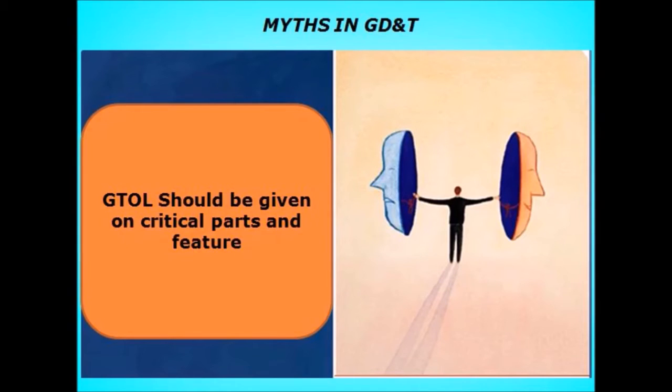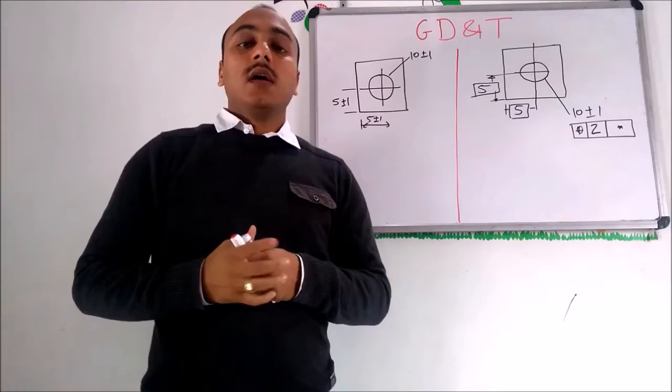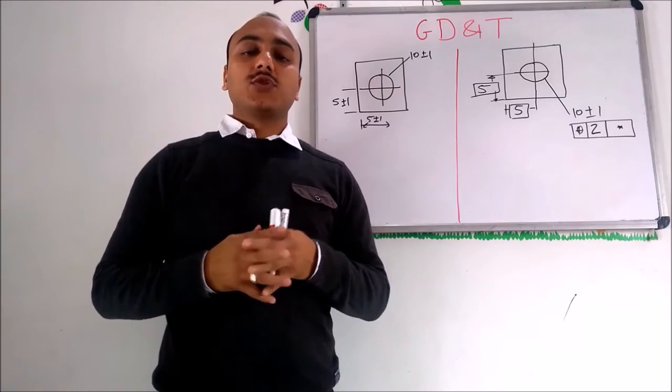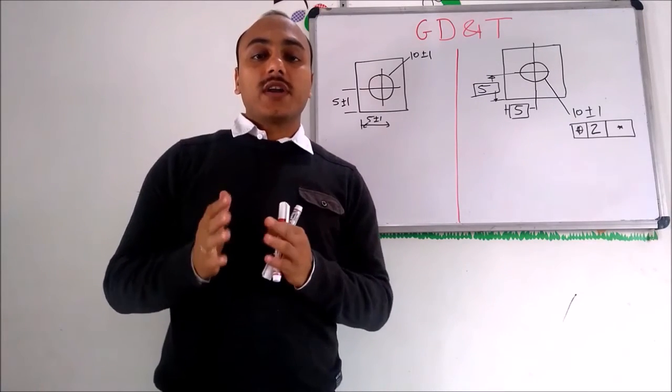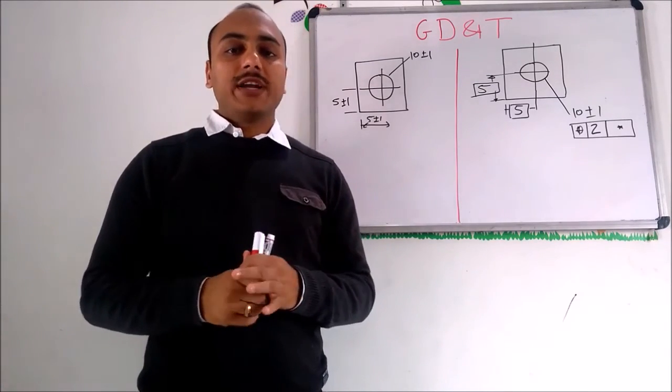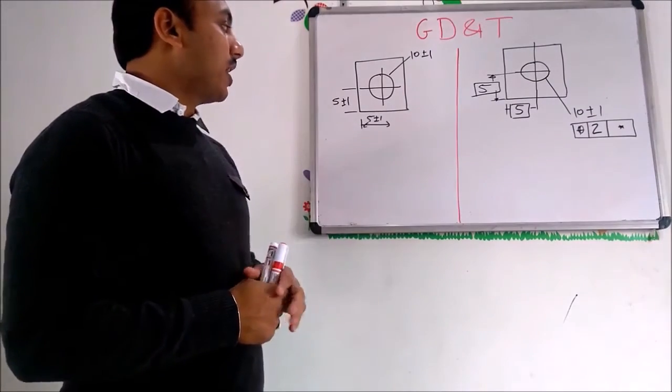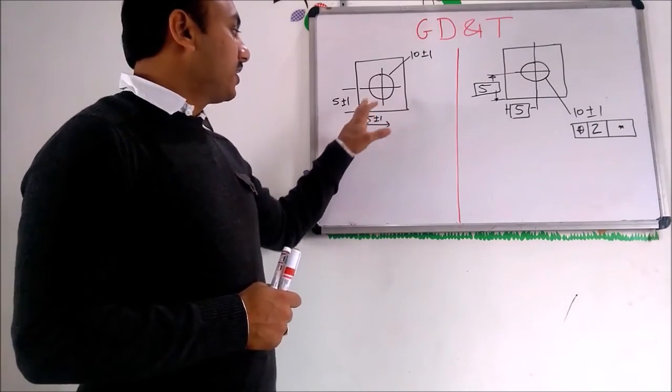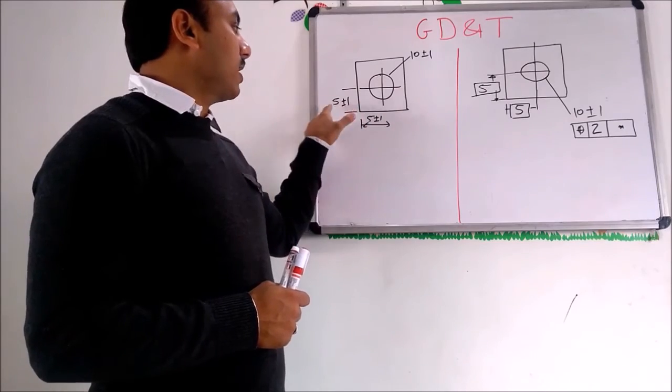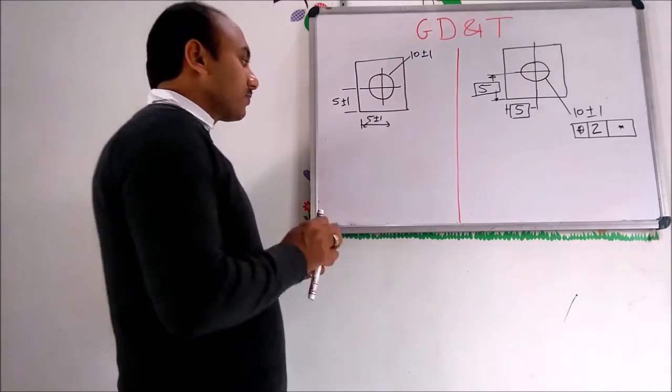The second myth is that GTOL should be given on critical parts only, not on simple components or simple parts. Let's discuss why we should define geometric tolerancing on simple components also. Suppose this is the component and we have dimensioned its edge as 5 plus or minus 1, 5 plus or minus 1.